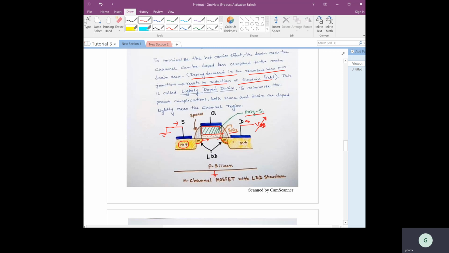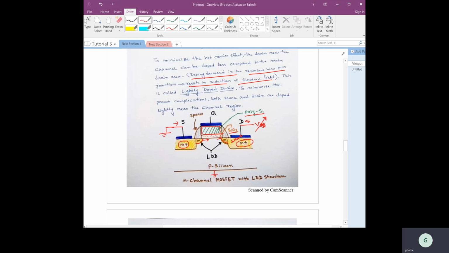You can think of it as adding a parasitic resistance in series with the drain terminal. If this region was not sufficiently doped, there will be some voltage drop due to the resistance offered by this lightly doped drain region.